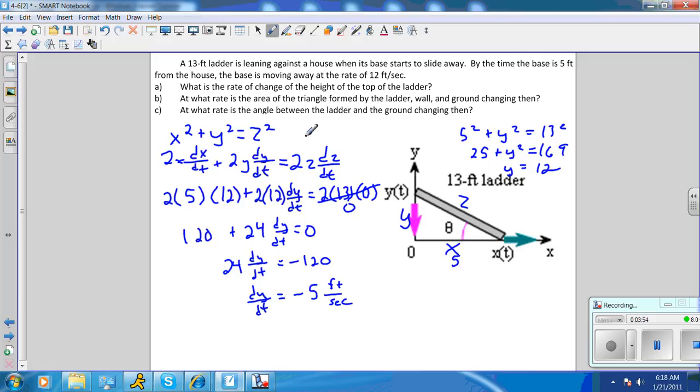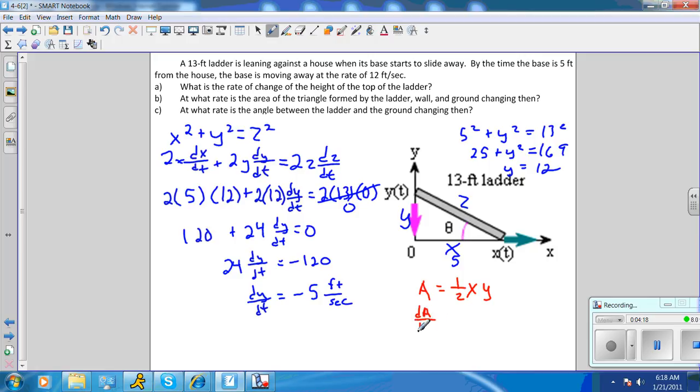Part B of the question: how is the area of this triangle changing as it's sliding down? The area of a triangle is 1/2 the base, which for us is x, times the height, which we called y. Since both of those are changing, we have to do a product rule. Nothing's staying constant.